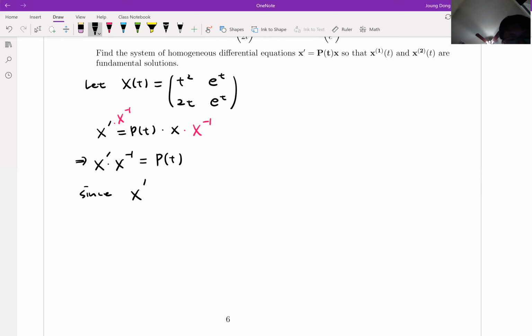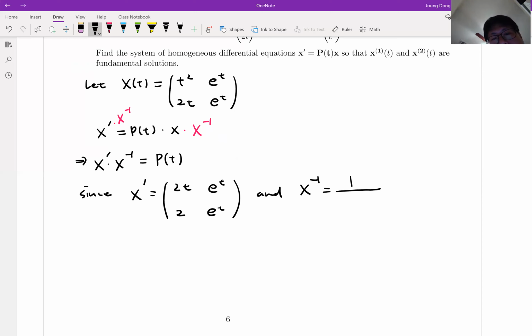Since my X prime is equal to, just elementwise, 2t, e to t, 2, e to t, right? And what is the inverse matrix? It's 1 over AD minus BC, which is the determinant of X. It is t squared e to t minus 2t e to t, and switch these entries and take the opposite of those.